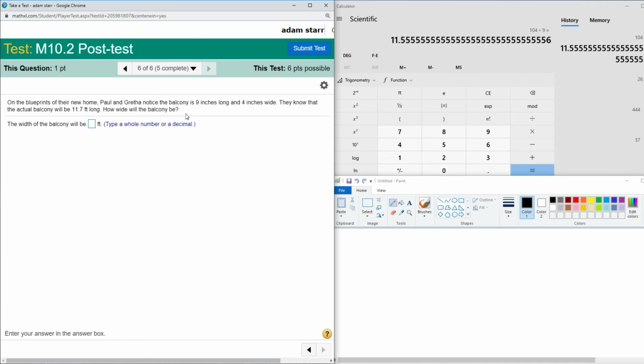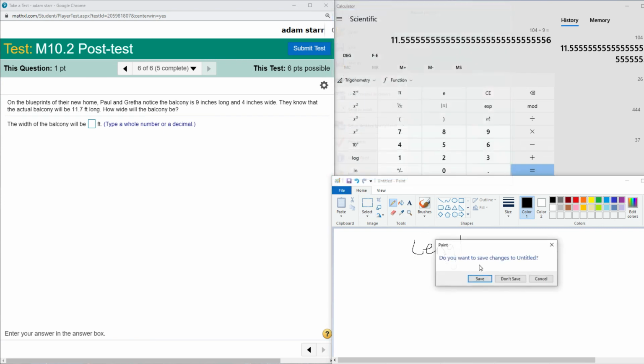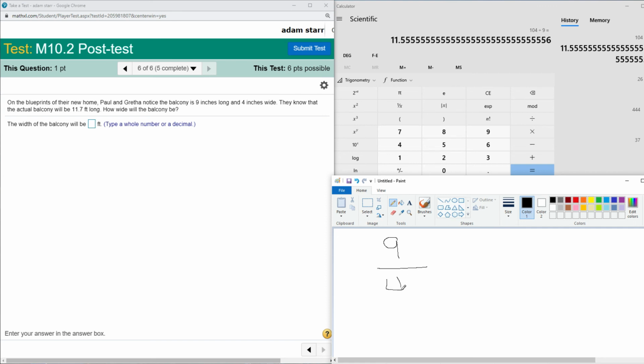Okay, so here I'm going to do, actually, we can do it either way, I believe. So I will do the dimensions of the blueprint. So it's 9 inches is the length and 4 inches is the width. So this is length and width.